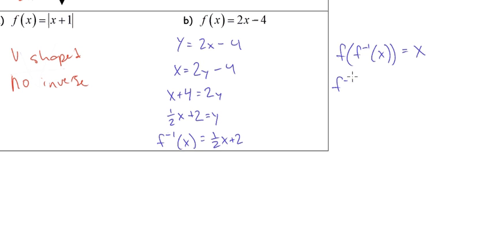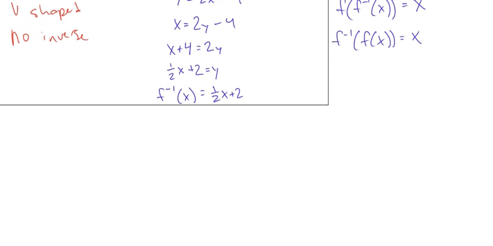Likewise, f inverse of f of x, same thing. When we plug something in for the function f, and then plug that output into the inverse of f, we need to get out that same input. So let's go ahead and go through that now.